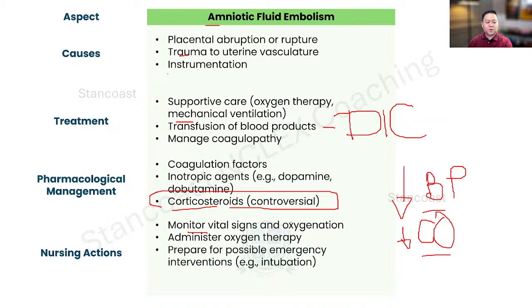You've also got to prepare the emergency interventions. Most often, your patient is going to end up being intubated if they're a full code, unless they have declared that they are DNR, then there's no intubation. So again, you have to really pay attention to the code status of your patient.